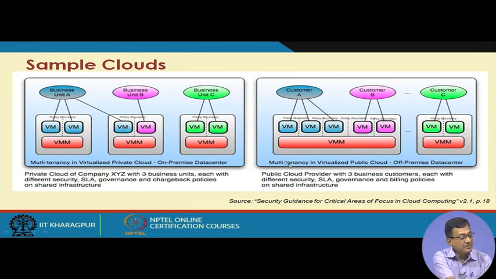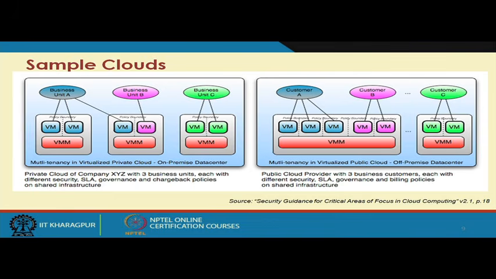Similarly, in a public cloud, different customers can share the same infrastructure, and there is a possibility of a channel of communication between them. The VMM might have been compromised, or there may be some attacks, which are beyond the control of the consumer.